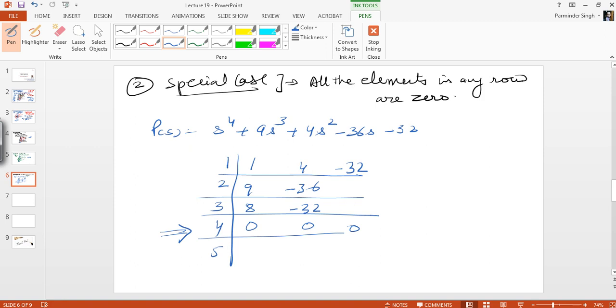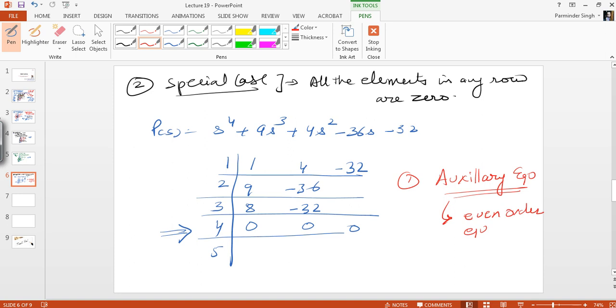For this type of case, what we do is we first prepare an auxiliary equation. Now what is an auxiliary equation? An auxiliary equation is an even order equation which is prepared from the row previous to the row where the zero entries are.